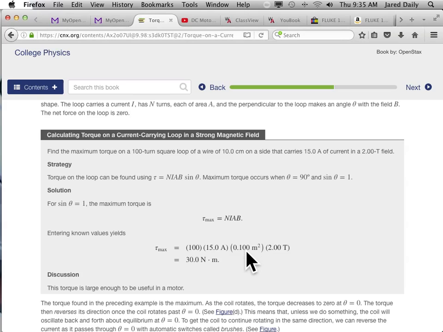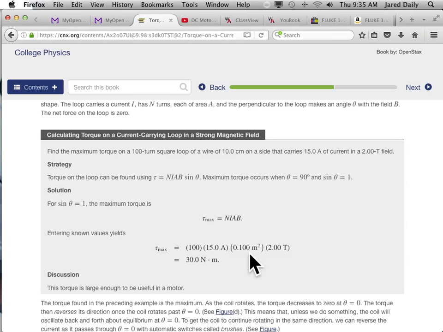Right here they've made a mistake because they said that our loop of wire is 10 centimeters on a side, and so the area should be 10 centimeters times 10 centimeters, which is 0.1 times 0.1, right? So this should be 0.01, or it should be 0.1 meters quantity squared. They made a mistake here.